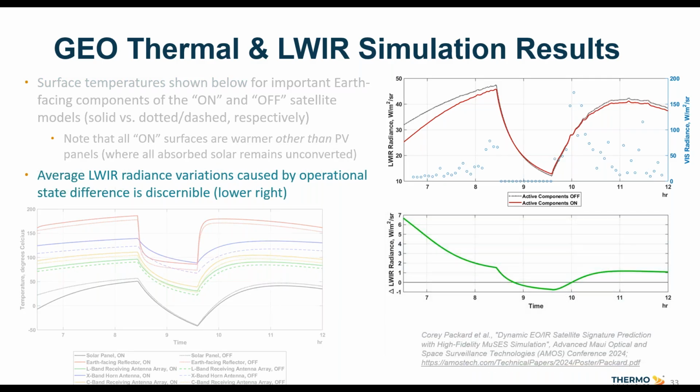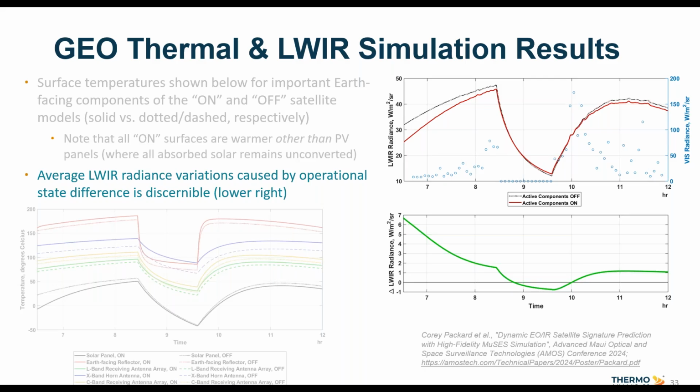And we can see that if we calculate the delta radiance between the on and off curves. So if we subtract the red curve from the black curve, we see the difference that's caused by the operational state of the satellite. And we can see that even during that eclipse period, at almost every time, there is a non-zero delta radiance between the two, which means not only is the signature of the satellite observable, but it's a discernible difference between the two.